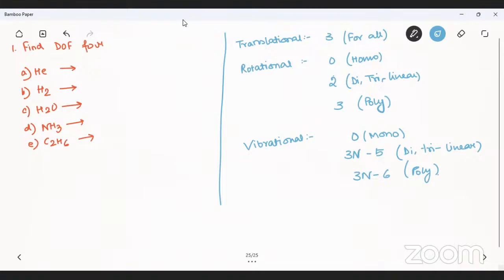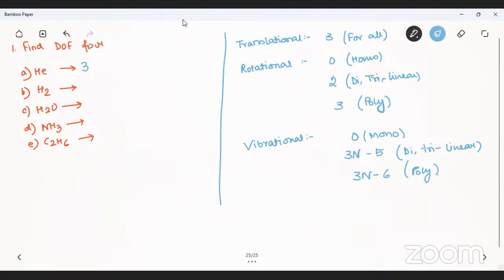For helium, translational kinetic energy. Yeah, so for helium you want to say it will be 3. Good. See, the degrees of freedom for the molecule is the number of independent ways it can move or rotate. Okay, so for helium it is 3.